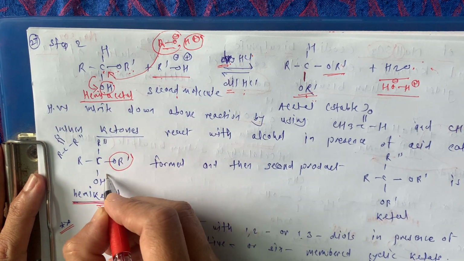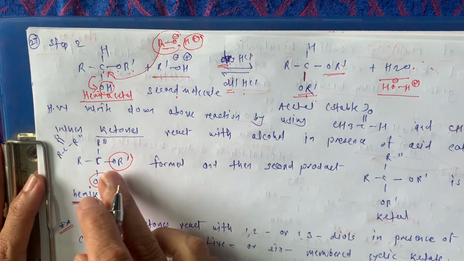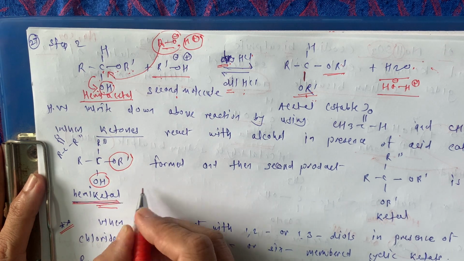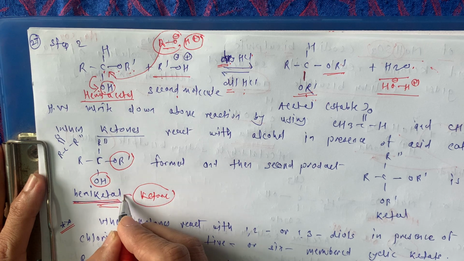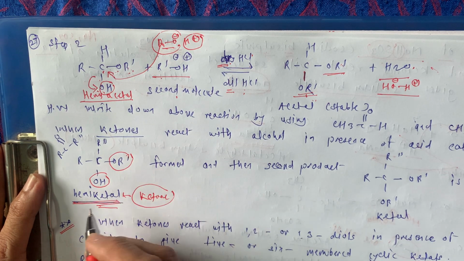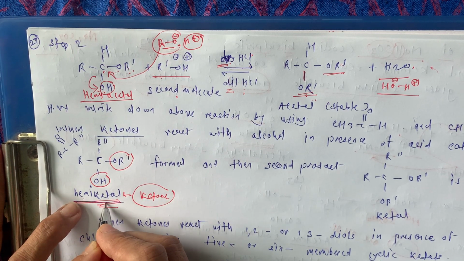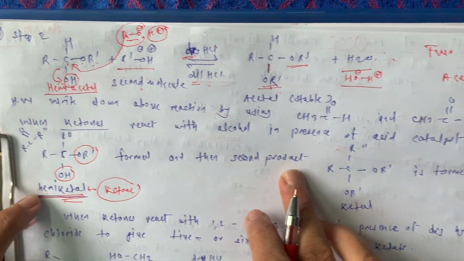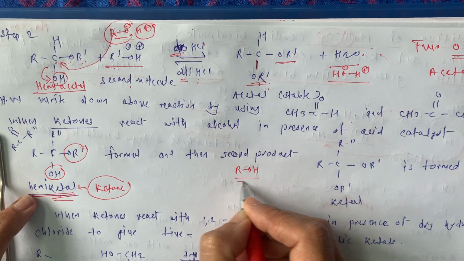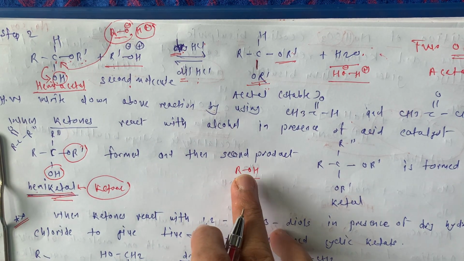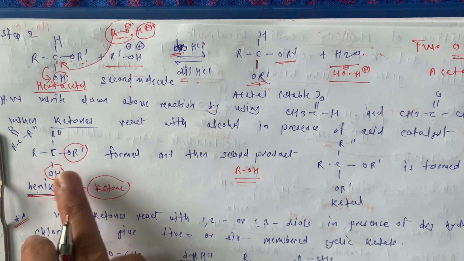Because there is an OR alkoxy and alcohol group present and it starts with ketone. So this is ketal, and then these two groups are present. Then the first product is hemiketal. And then the second product, when there is a second molecule of alcohol, is going to react with this.